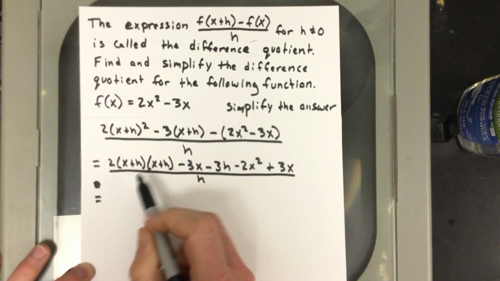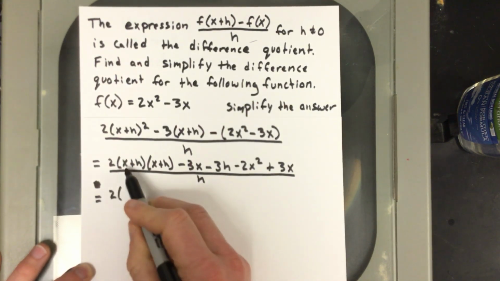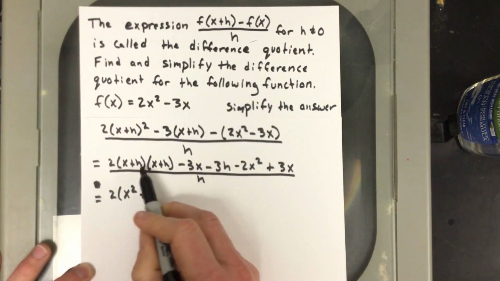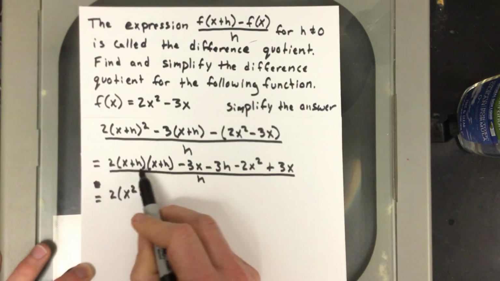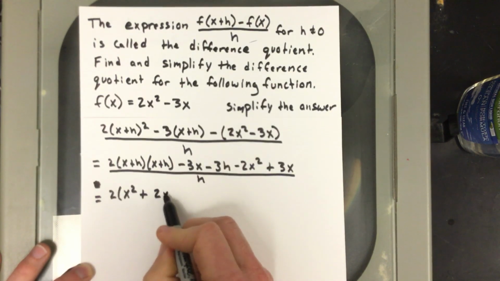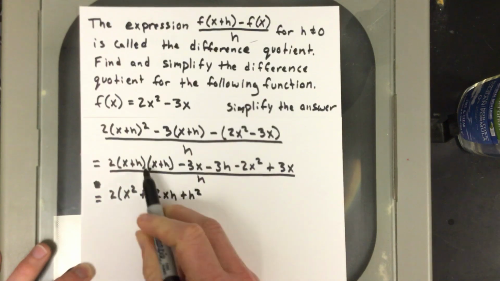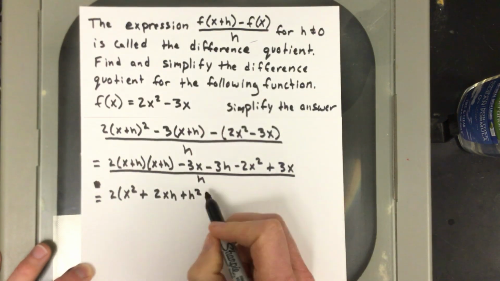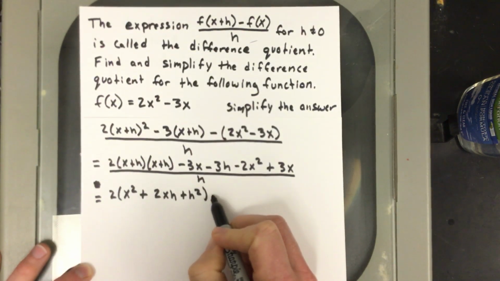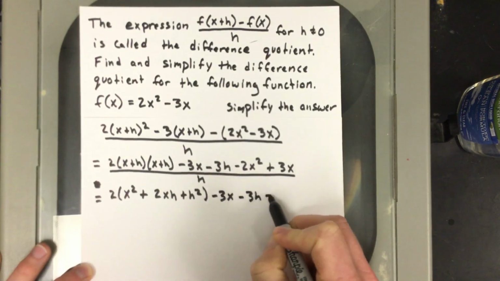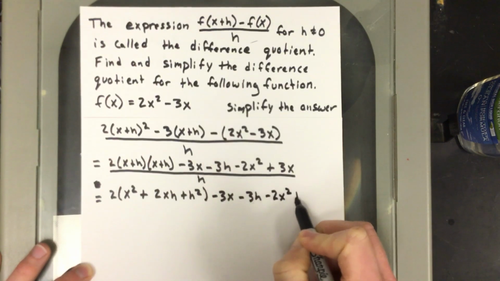I'm going to distribute here, so that's going to be 2 times the quantity x squared plus, there's going to be xh and then xh again. So that's going to be 2xh plus h squared, h times h, parentheses, minus 3x minus 3h minus 2x squared plus 3x.